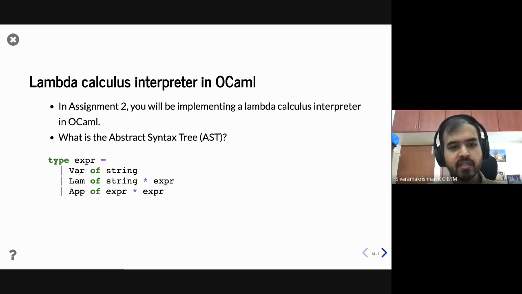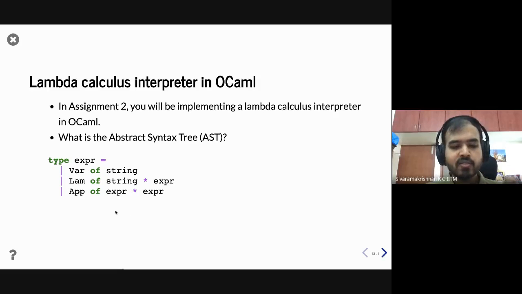First is a variable, right? And for a variable, we can have some name for the variable. So it's a string. Second is a lambda term. What does a lambda term have? Lambda term has a lambda, some variable, and then some other expression. So a lambda term contains a pair. The first one is the variable name that we are introducing, and the expression that might refer to this variable. And the last one is an application where we have an expression star expression, right?